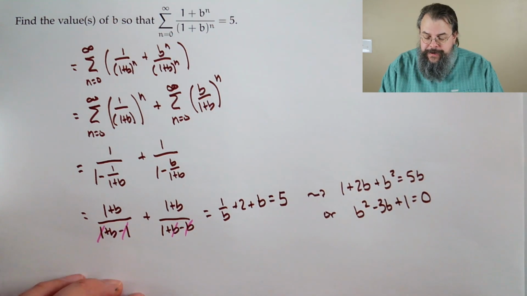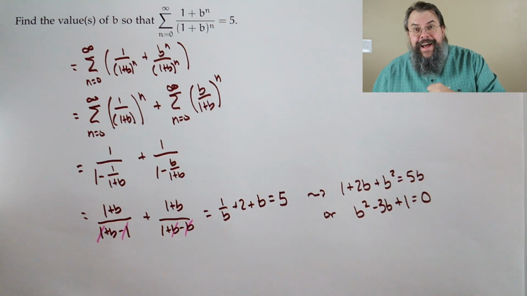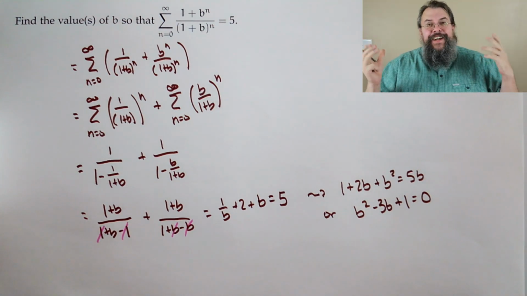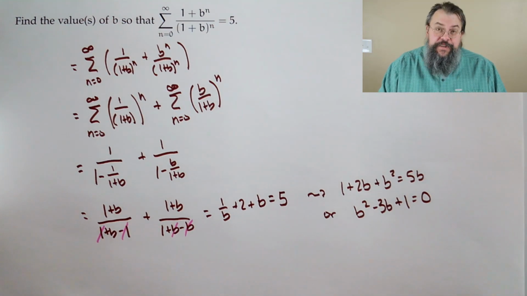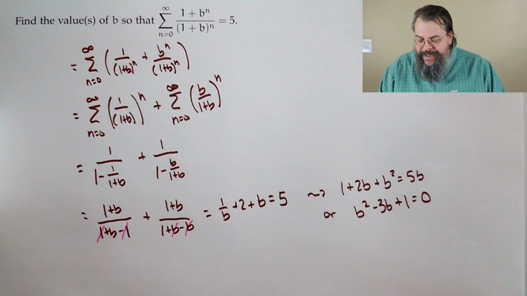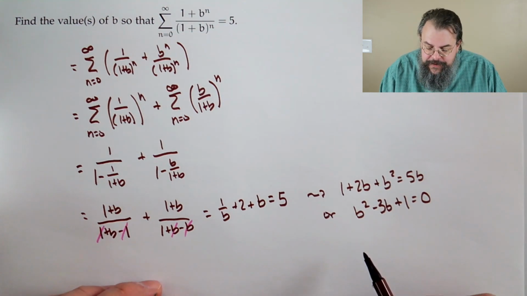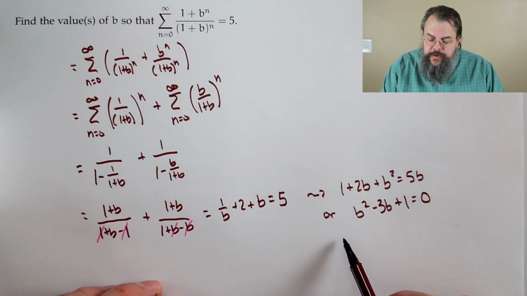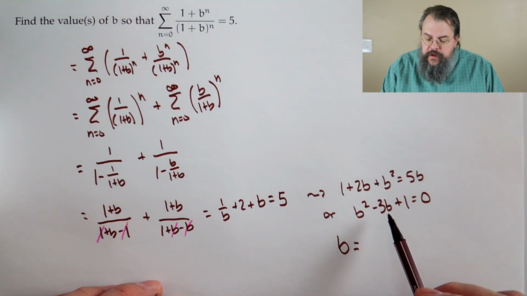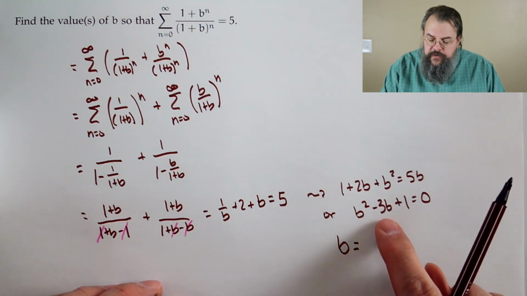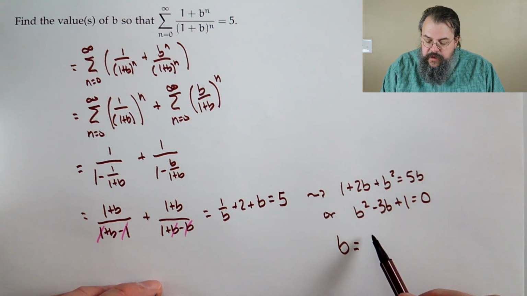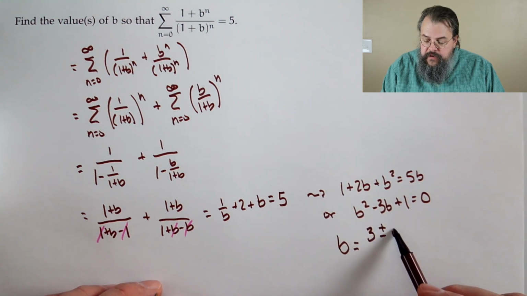And now we're like, hey, does it factor? No! Okay, not everything factors. We've been spoiled working on some of these problems because so often they have factored. Well, even if it doesn't factor, what do we get? Well, we get b equals, you take minus the coefficient in the middle term, so that would be minus minus 3, that's 3, plus or minus the square root.